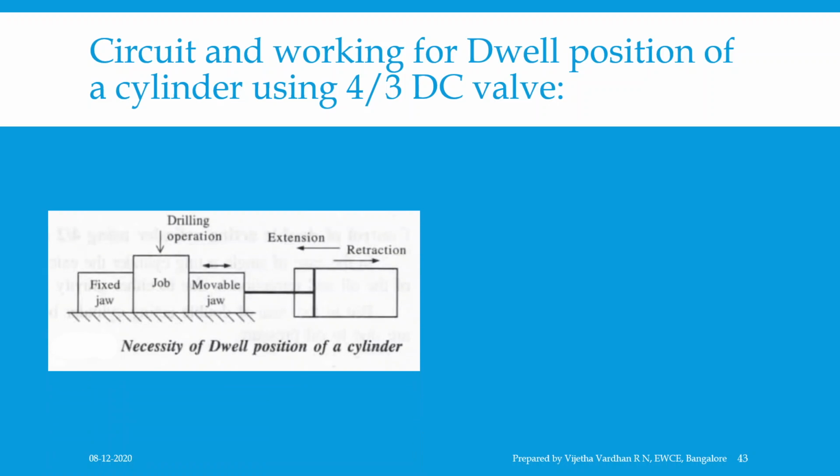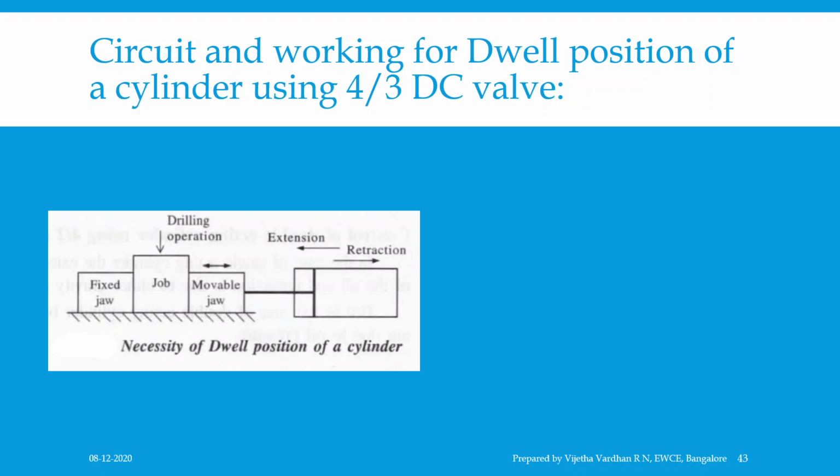Now let us understand with an example, an example of the necessity of a dwell position. During a drilling operation of a number of components, the components are held in a jaw, holding fixture, and taken out of the fixture after the operation, and another job is loaded onto the fixture.